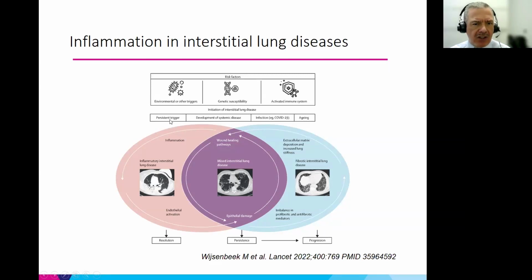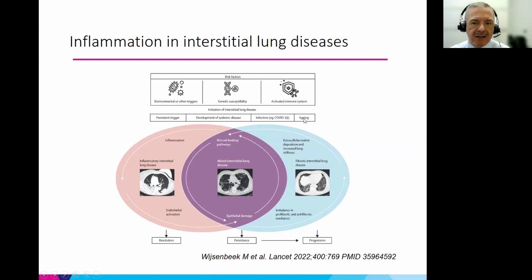And given a persistence of the trigger, we think the disease develops.